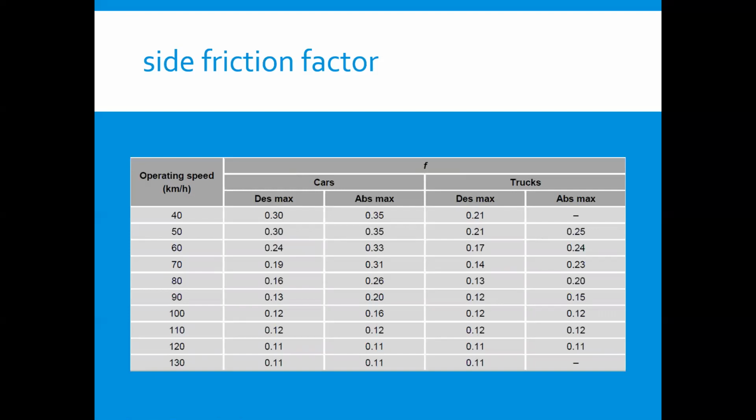The value of side friction factor depends on the type and conditions of the road surface, driver's behavior, and the type and condition of the tires. Therefore, it is variable. It is emphasized that this F, the side friction factor, is not a measure of the available pavement tire friction.